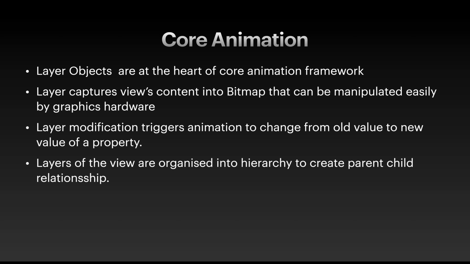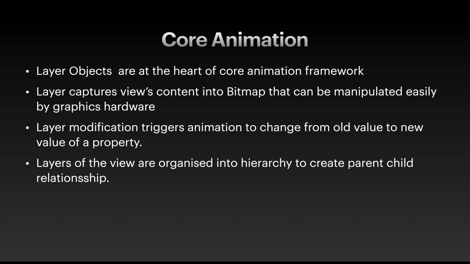So the basic point here is that the view is composed of layers. We can modify the properties of the layer. When we modify the properties related to the graphic hardware, which actually draws the view on the screen, we modify those properties through the layer object.